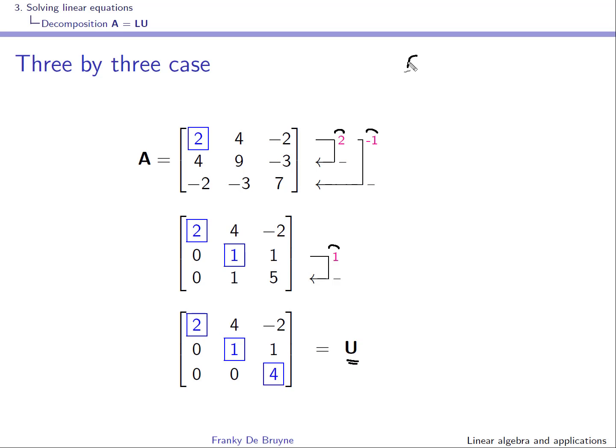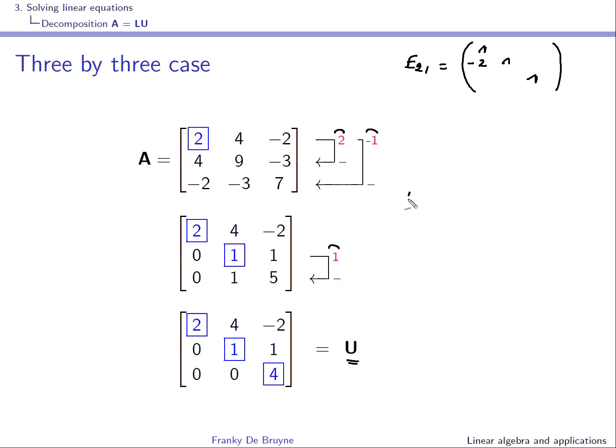So the elimination matrix E21 that will produce a 0 over here is the identity matrix, where you put minus the multiplier over here.